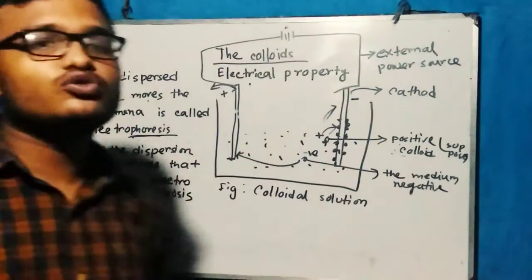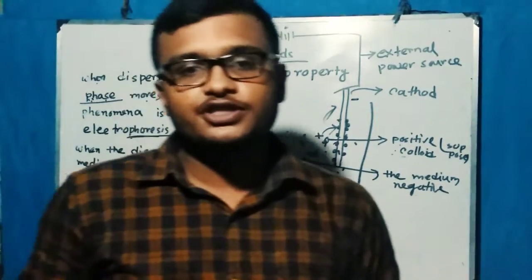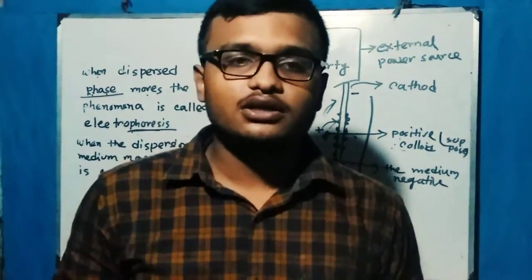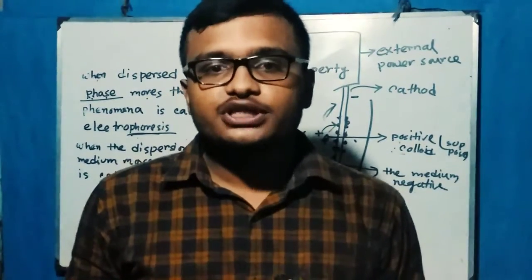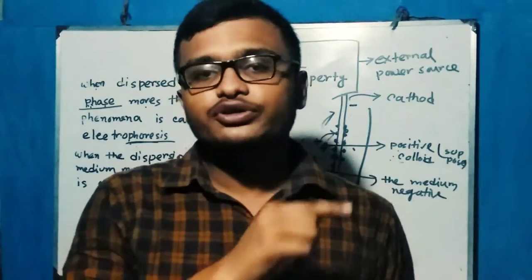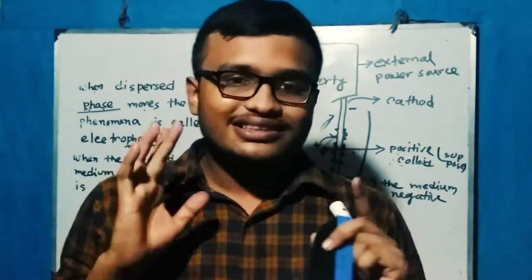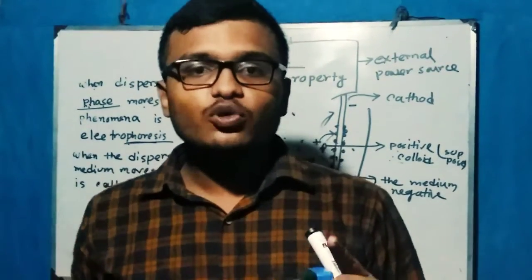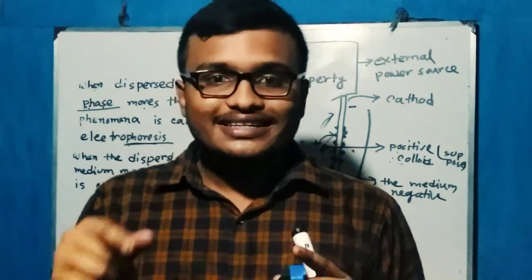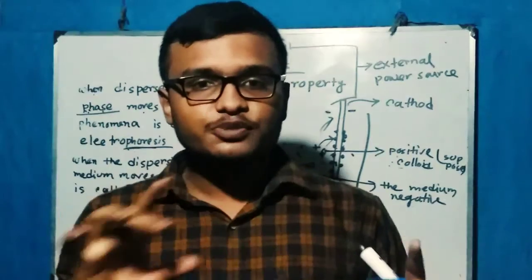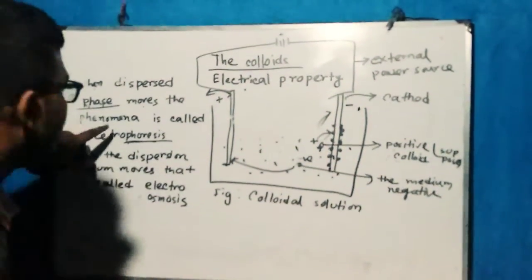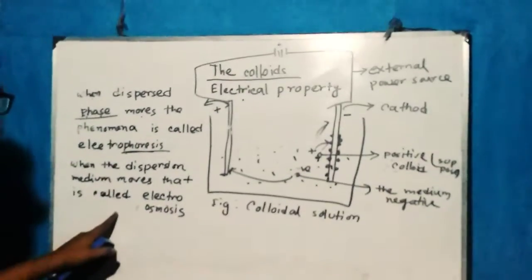We have got the two points: the dispersed phase is going to one electrode and the dispersed medium is also going to an electrode. When the dispersed phase is positive, it is going to the negative electrode, and when the dispersed phase is negative, it is going to the positive electrode. When the dispersed phase is moving, the process is called electrophoresis, and when the dispersed medium is moving to the electrode, this process is called electro-osmosis. I hope it is clear about electrophoresis and electro-osmosis.